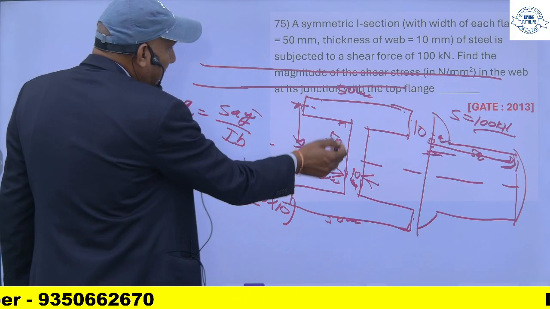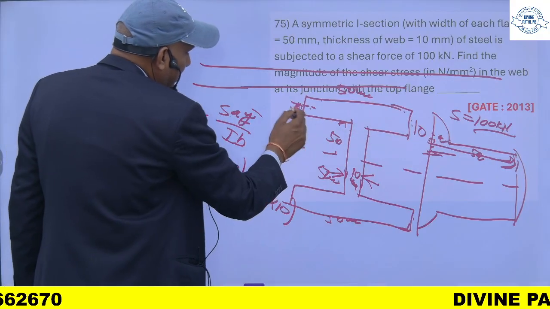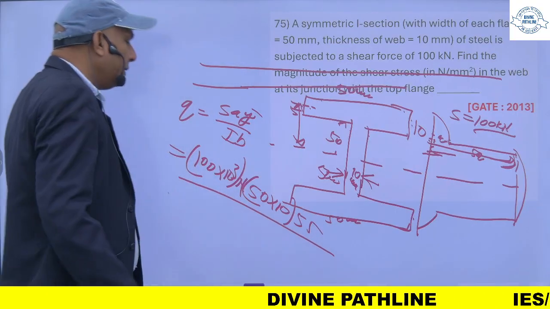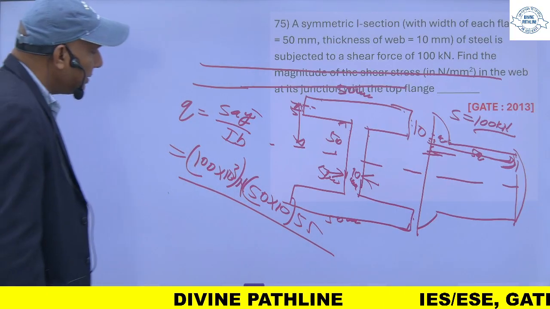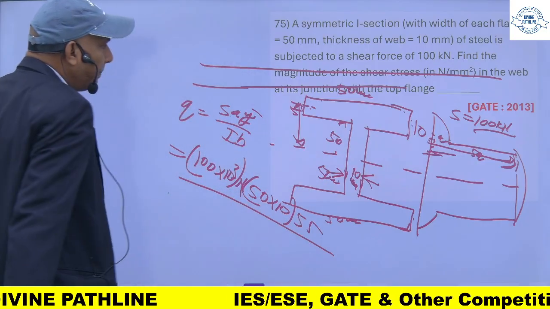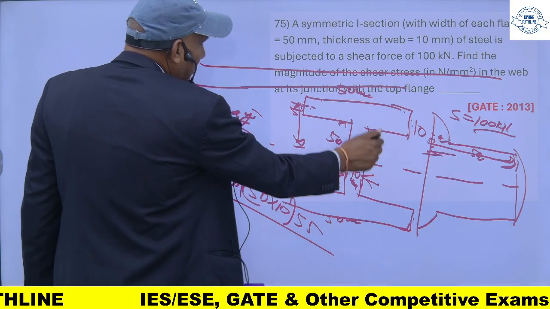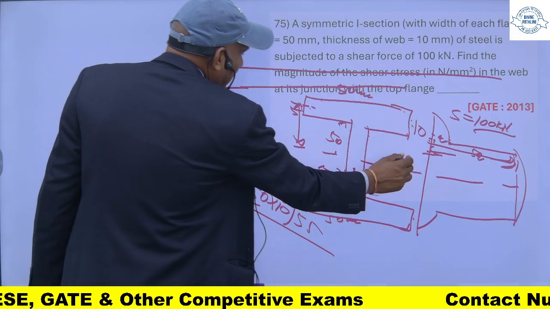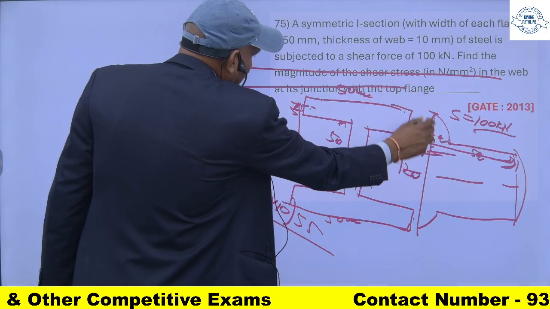This will be 50, and this is half of this, half of 10 is 5, so it will be 55, upon the moment of inertia of this section. Moment of inertia of this figure will be how much? This is symmetrical, so the outside moment of inertia will be with this 50 and the overall height 50, 100, into 10, 10, 120. So 120 is the overall depth.